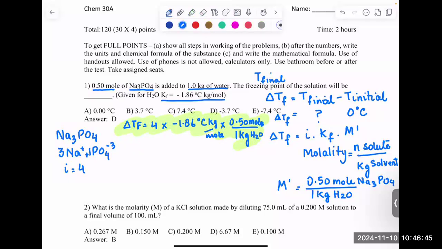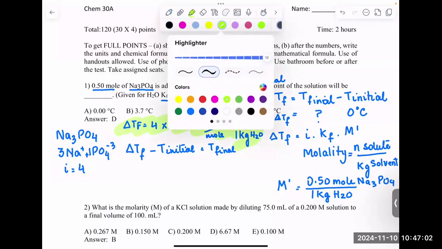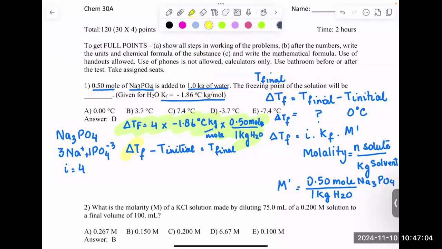That's the formula you will use to get the answer. You will have to do it on your own. I'm just walking you through every problem.